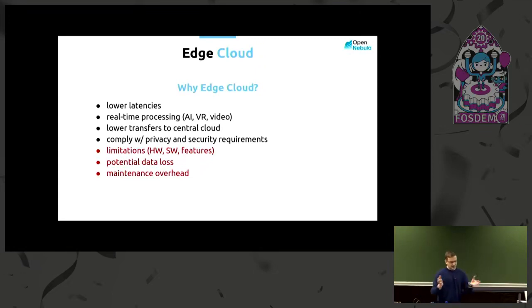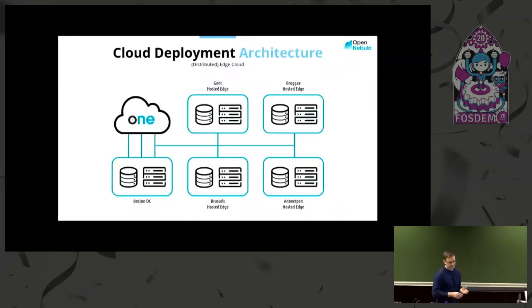But everything is not just green or good. There are some limitations. Limitations come with a limited offer of the hardware or software we can use at the edge, and there are also some risks, potential data loss, maintenance overhead, and so on. But from the perspective of OpenNebula, edge clouds are, or should be, very similar to the on-premises cloud, which is on the left side.